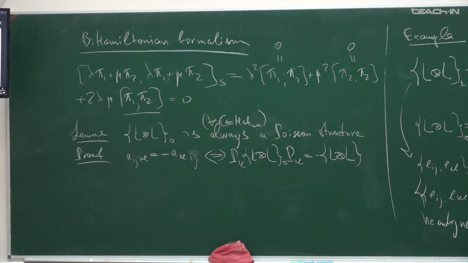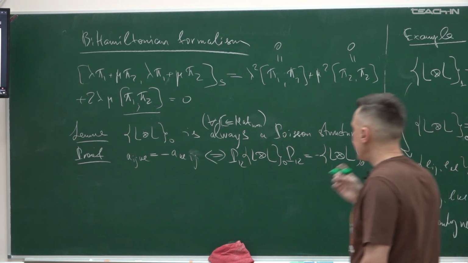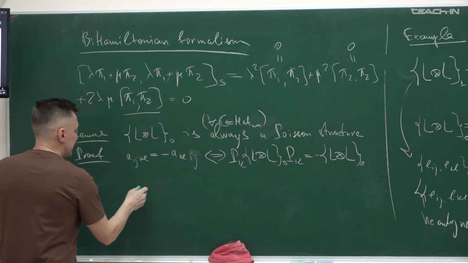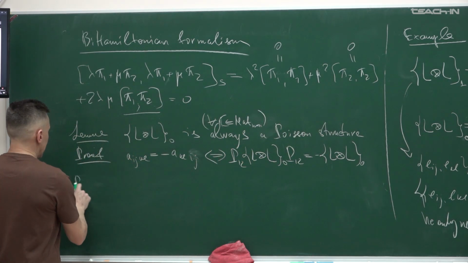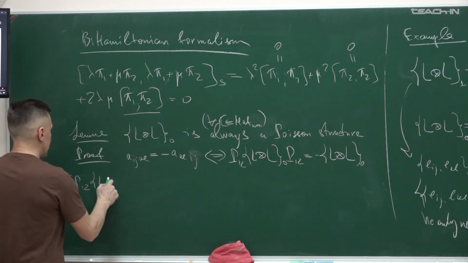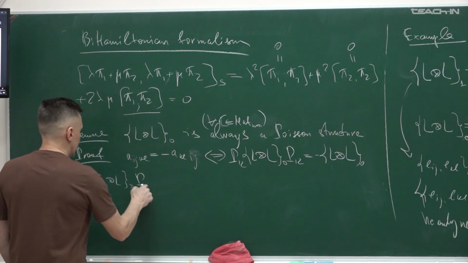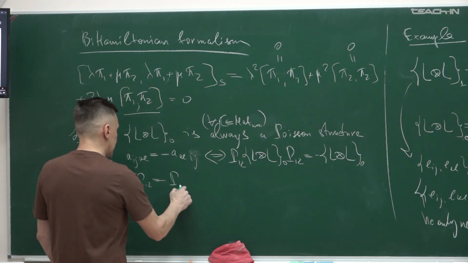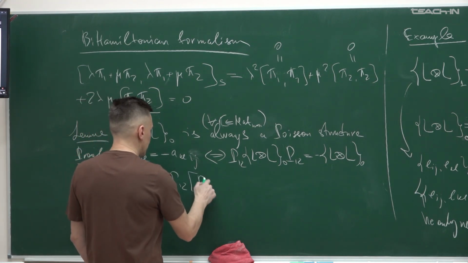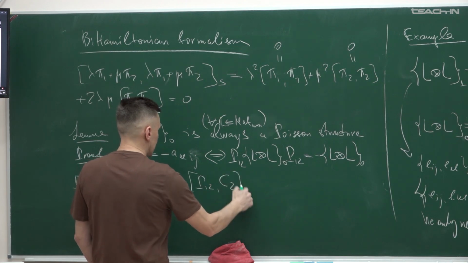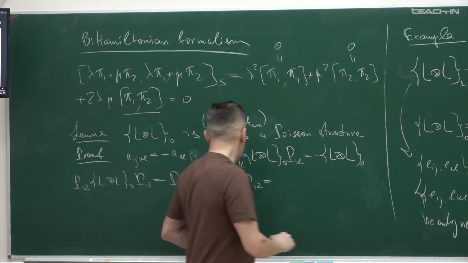What do you think? Do you agree? Okay. Let us write it. L0 P12. It is P12, and now the commutator P12, C2, P12.